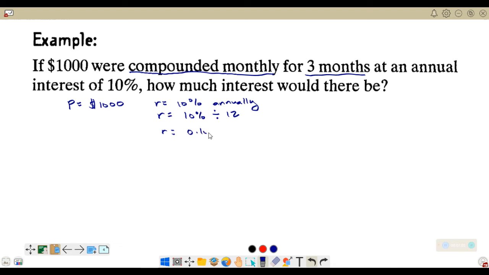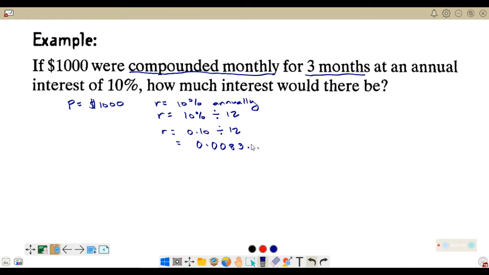So, this is 0.10 divided by 12, which is equal to 0.0083. And this will go on indefinitely.